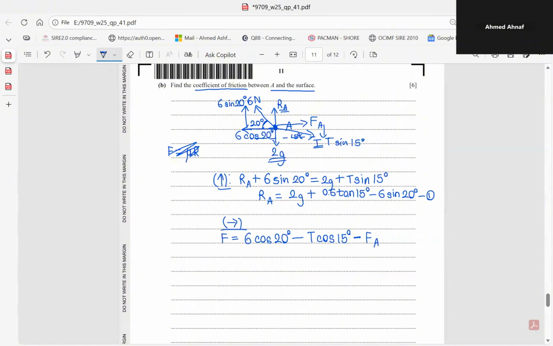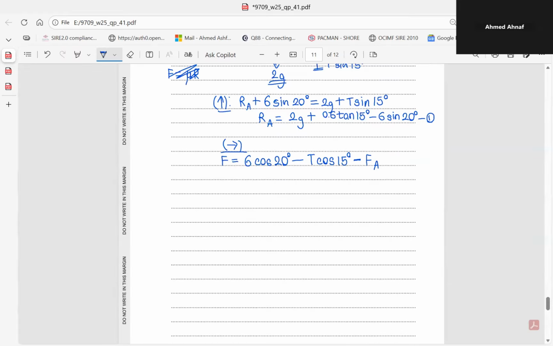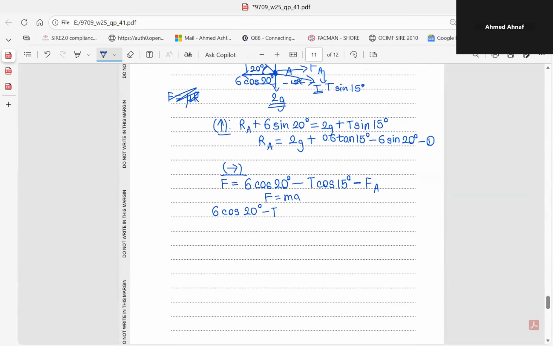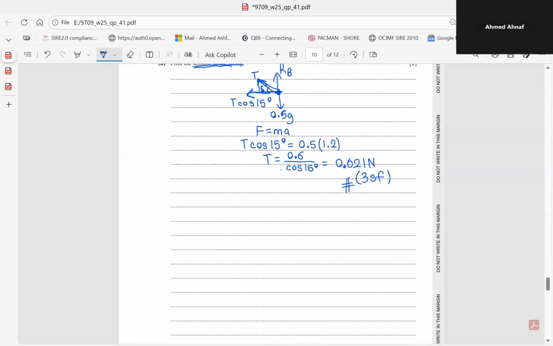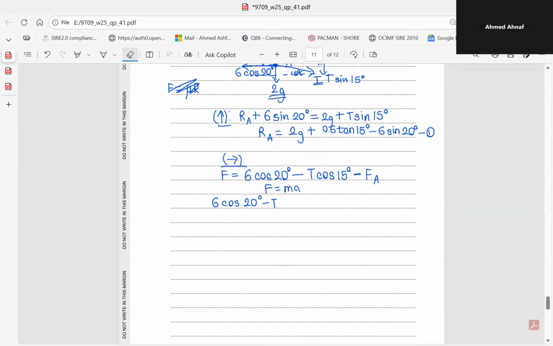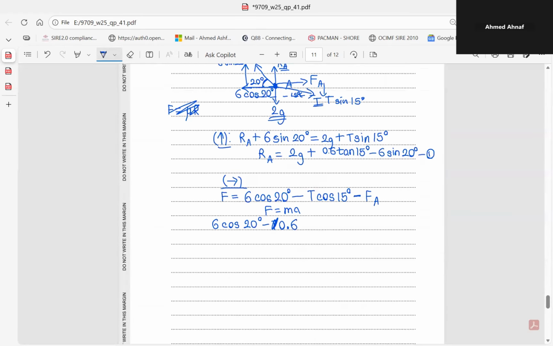Now we'll use F equals MA. So this is 6 cos 20 minus T cos 15, which is just 0.6, minus FA.